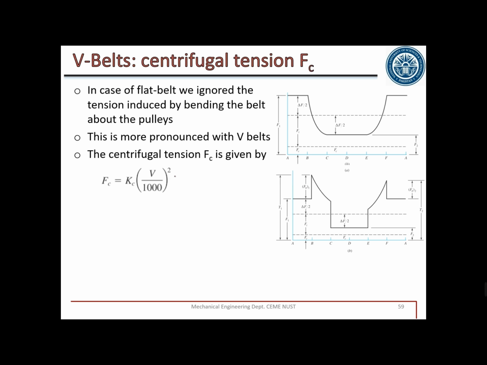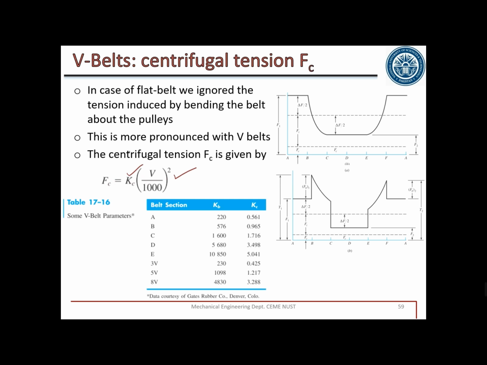If you want to calculate FC, the value of FC can be calculated using Kc. And what is Kc? Kc is given in this table. If you know the type of belt, for each type of belt you can find the value of Kc. Then substitute Kc and the velocity of the belt, calculated using V equals pi dn, where d is the diameter of the smaller sheave in millimeter and n is in revolutions per second.